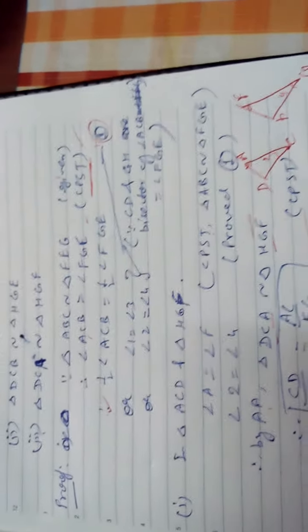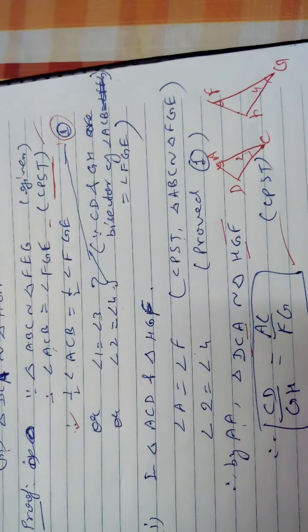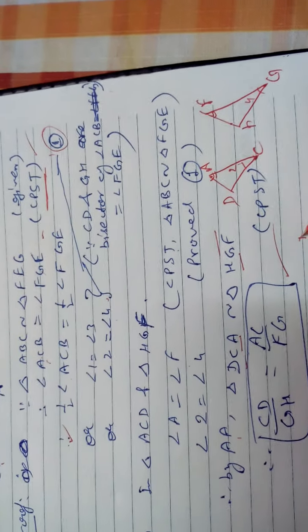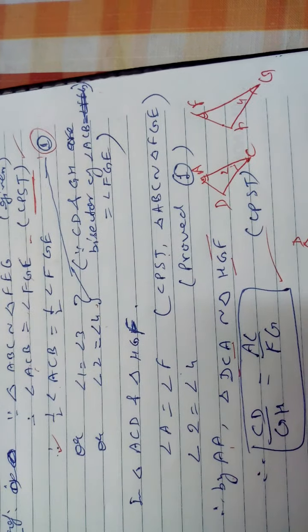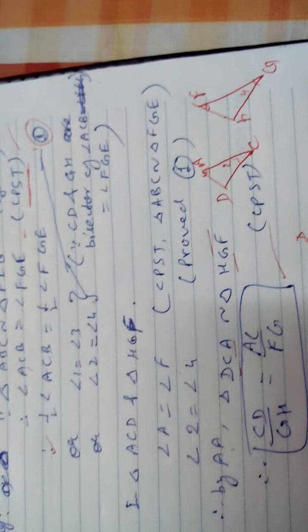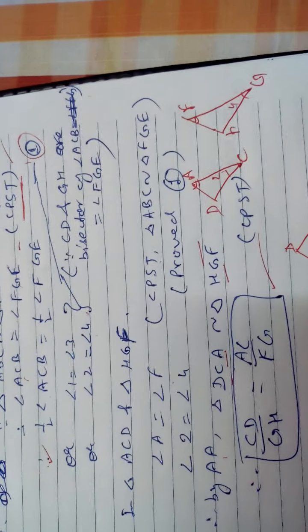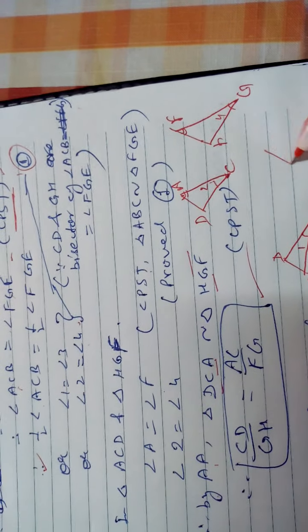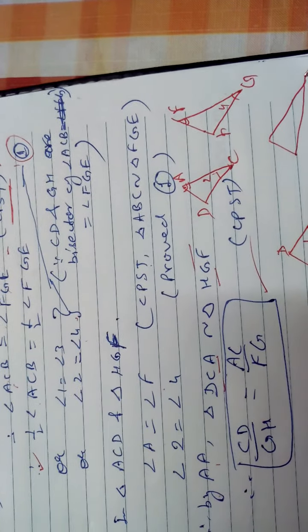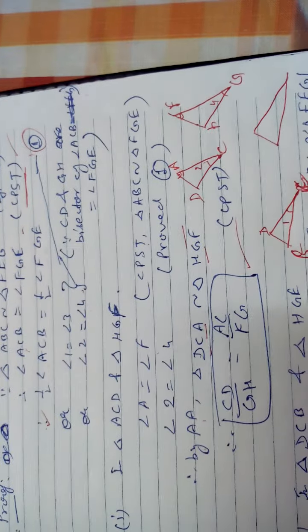Second part is given like this, the second triangle DCB. Here is the angle 1, and you are getting this part which is given, HGE.